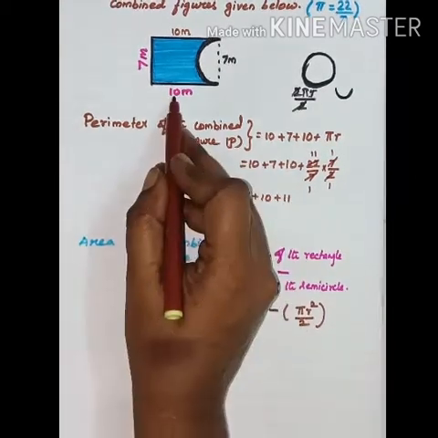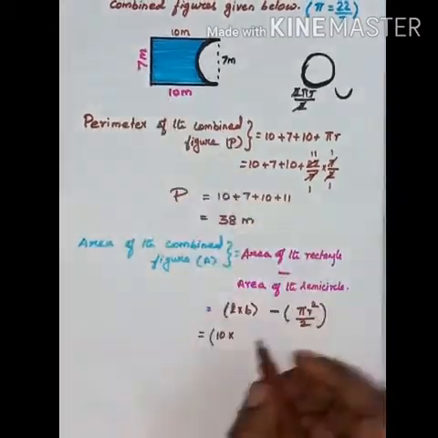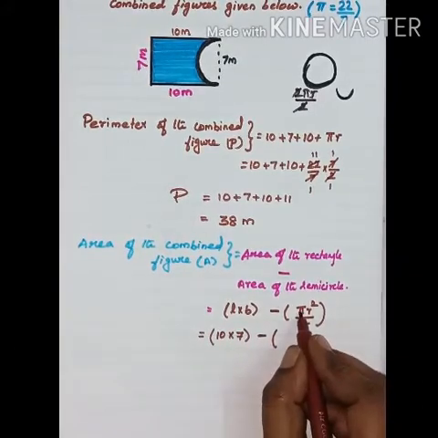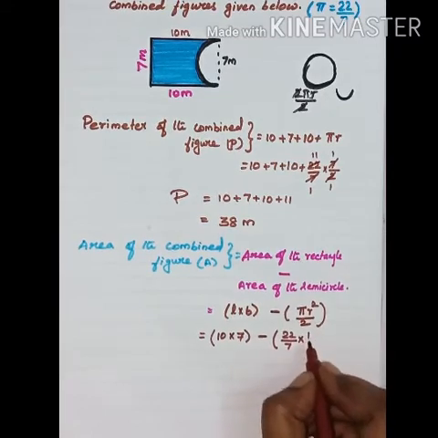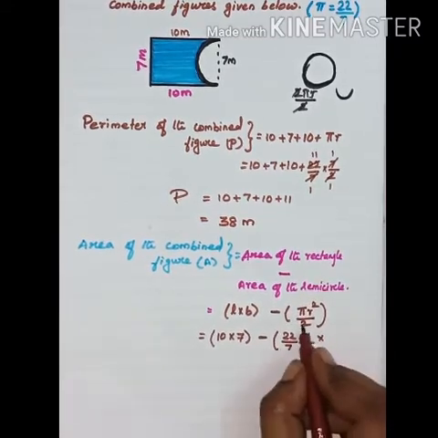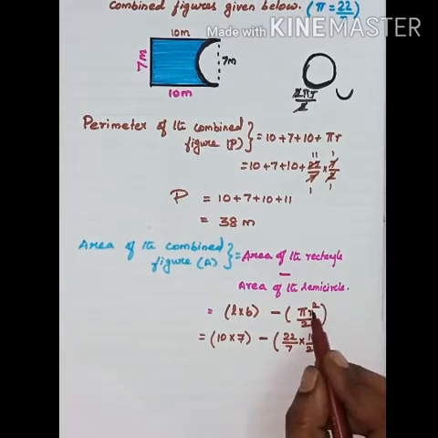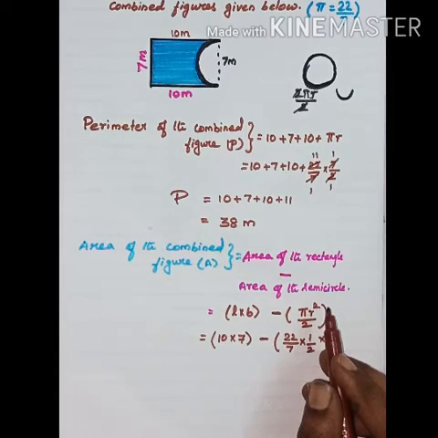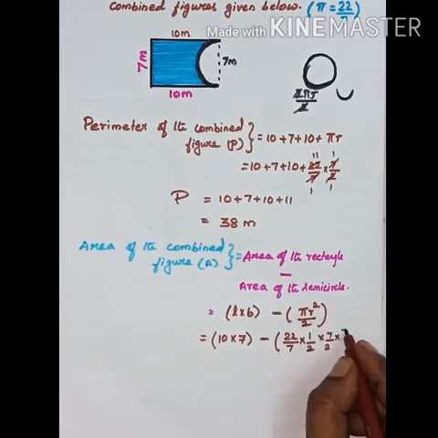L is 10 meter, B is 7 meter, minus pi value is given as 22 by 7 into 1 by 2, r square. R is nothing but 7 by 2 into 7 by 2.